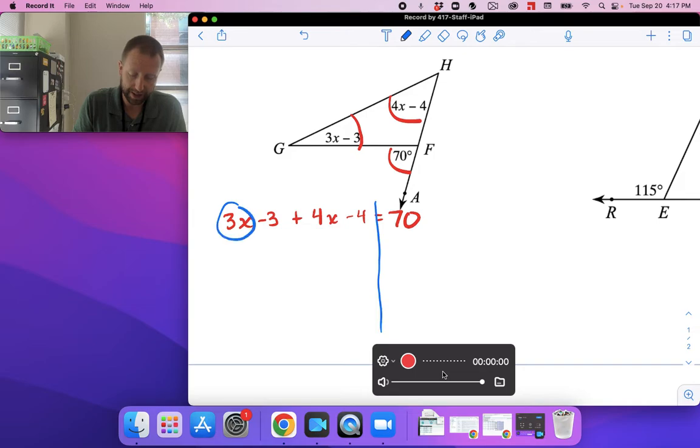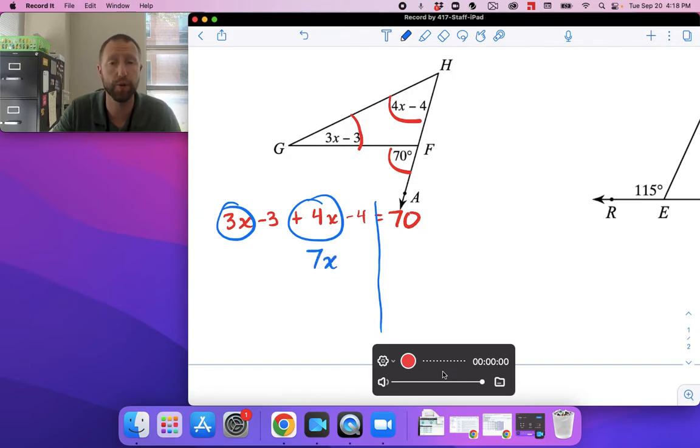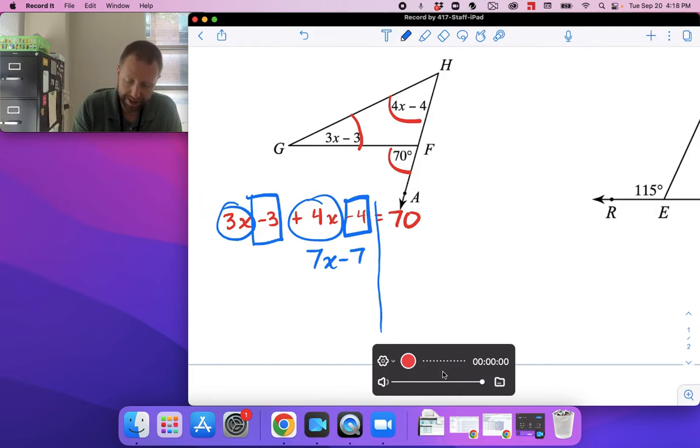I've got an x here and an x here. If I have 3x plus 4x, that gives me 7 x's. 3 x's plus 4 more x's, that's 7 x's. If I have this negative 3 and this negative 4, if I'm at negative 3 and I have 4 more to take away, or negative 4 to add to it, that's negative 7. So I have 7x minus 7 equals 70.